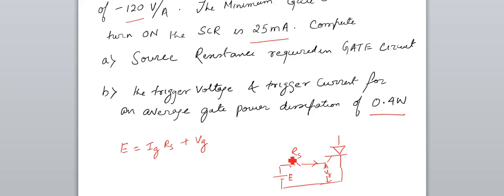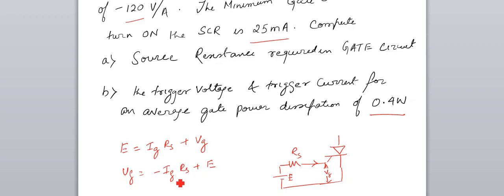But if you draw the load line equation, you have to write it like this: VG is equal to minus IG RS plus E. Now, checking the slope of the line.